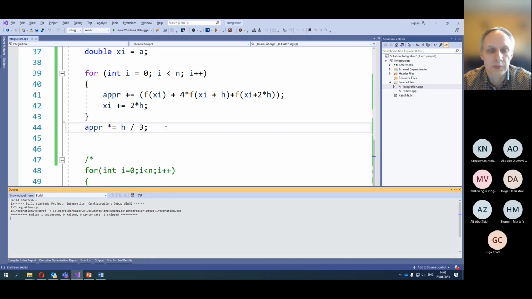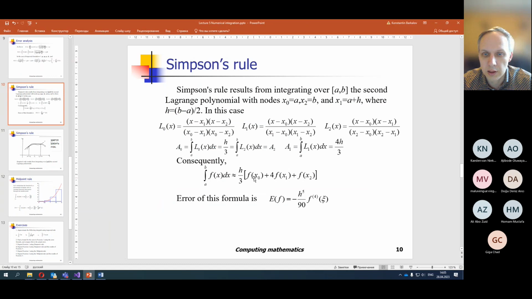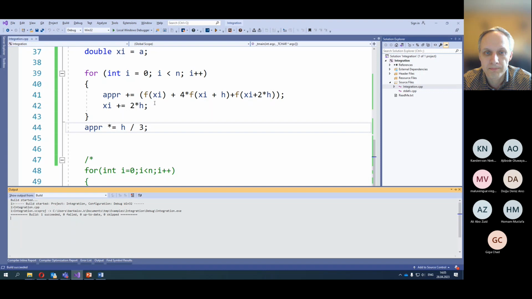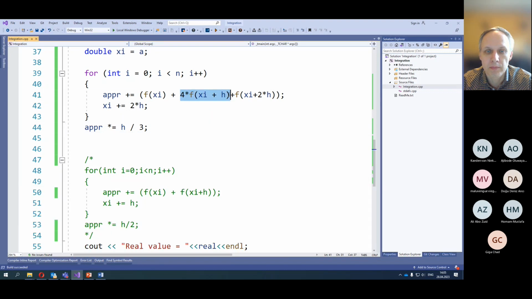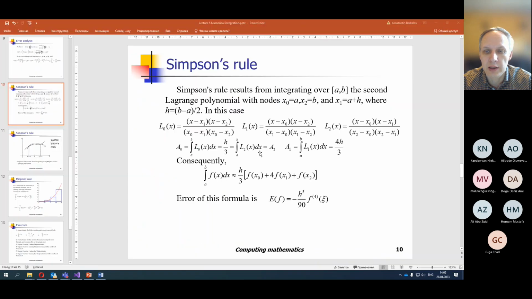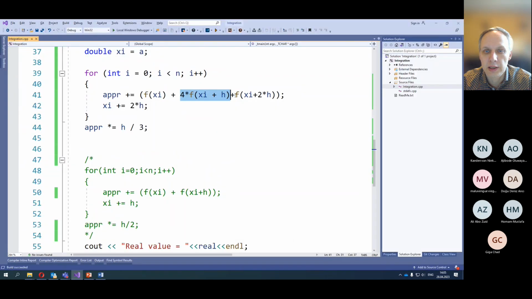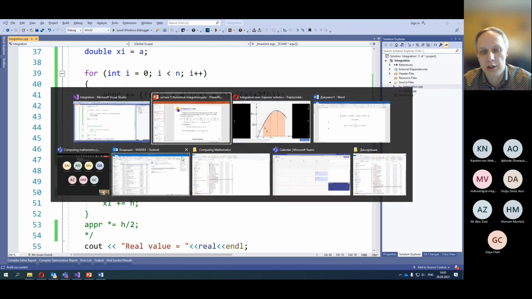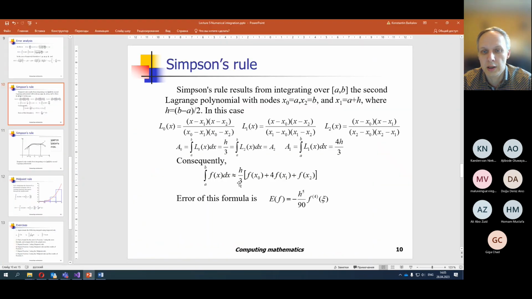Where is the mistake? xi plus 4 f of xi plus h and plus f of xi plus 2h, and we move xi by 2h and multiply by h over 3.